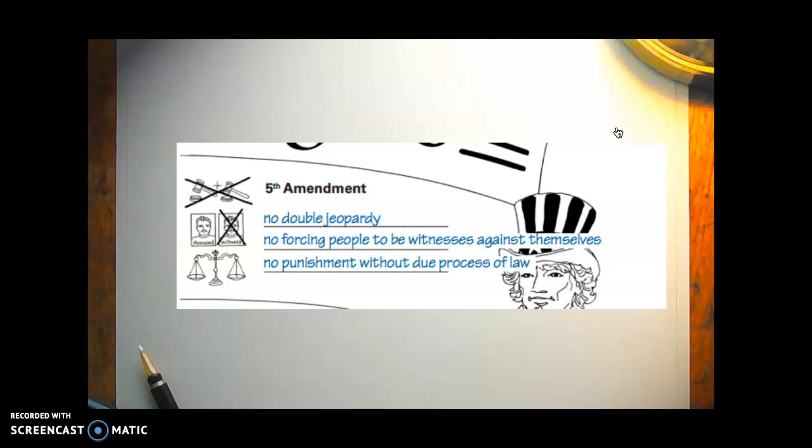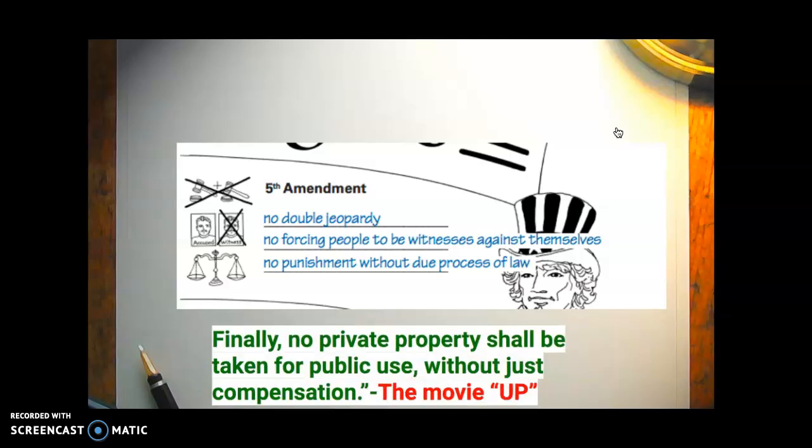So what you would write on your paper is listed here, and there are a few things that you would fill in on the second sheet of your note page for the Fifth Amendment: no double jeopardy, no forcing people to be witnesses against themselves, no punishment without due process of law.